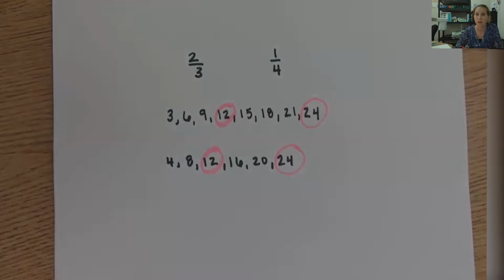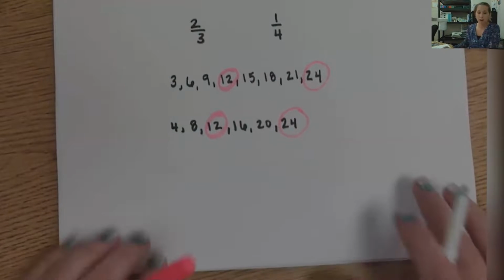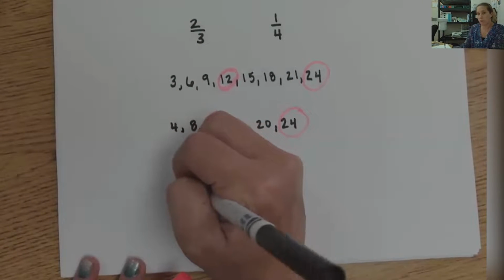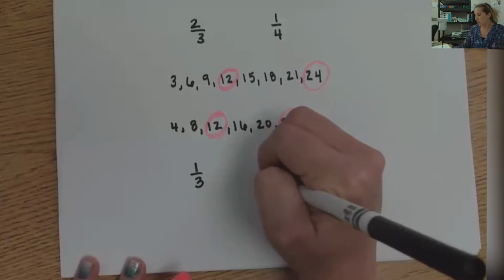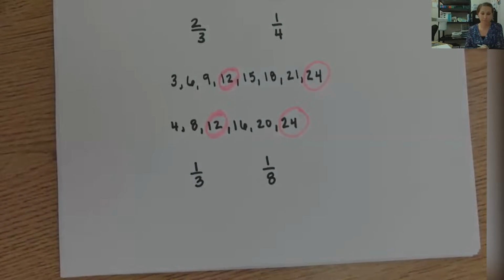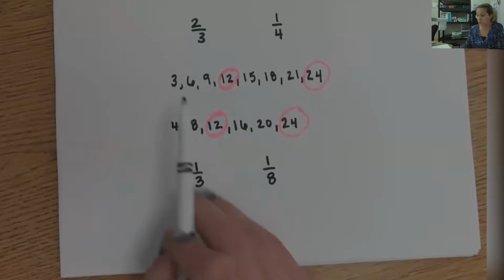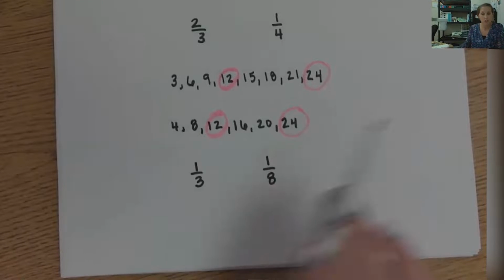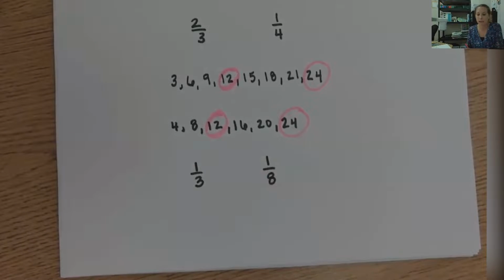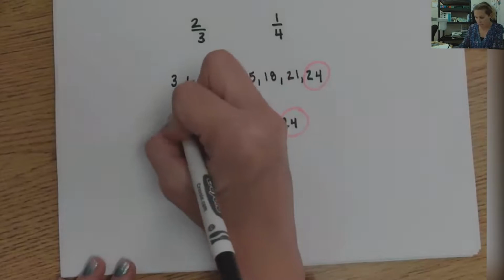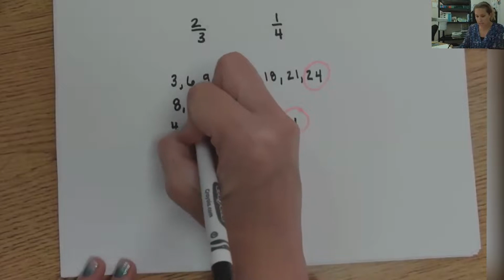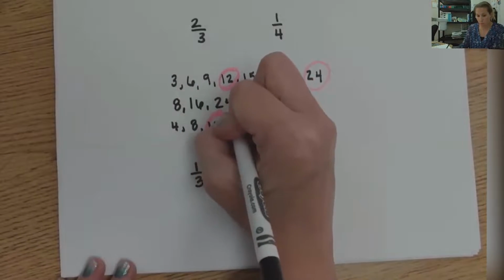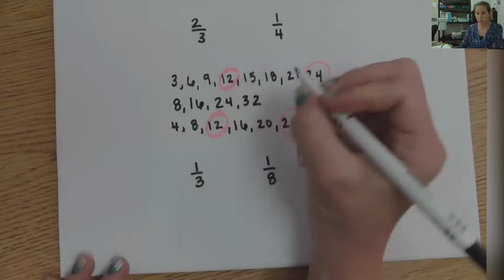Let's try another one. Find a common denominator for 1/3 and 1/8. We already listed some multiples of 3: 3, 6, 9. So let's underneath that list our multiples of 8. What did you get? 8, 16, 24, 32.